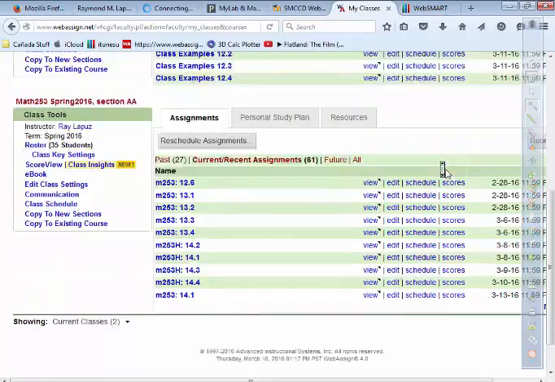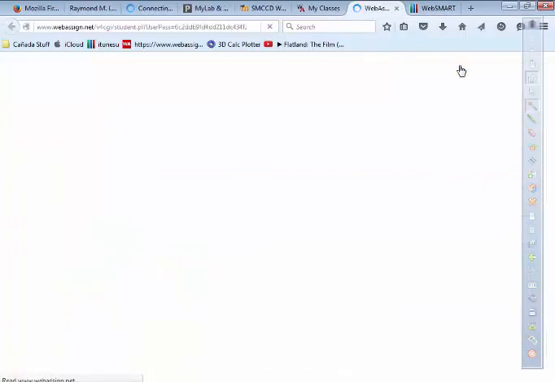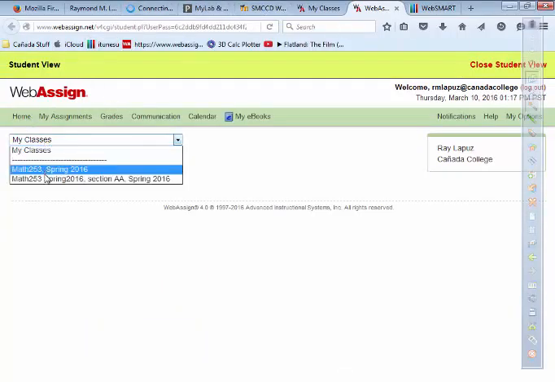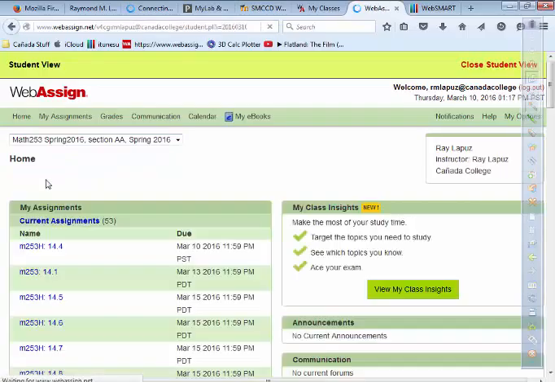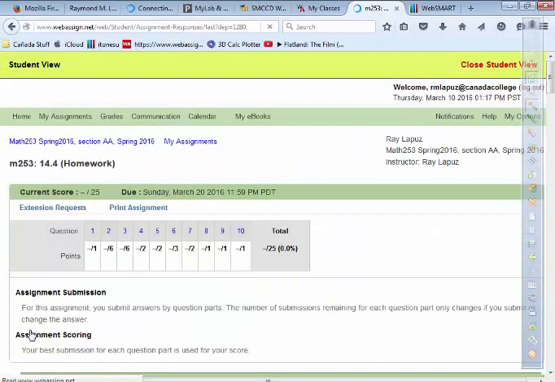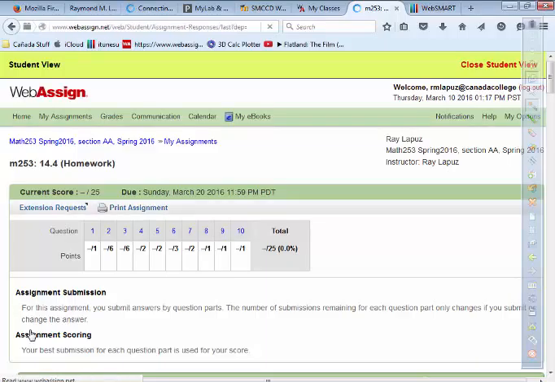What section are we in? 14.4. So apparently the lab of 14.4, which was due yesterday, was set to be due at 12:45 in the afternoon, which is not what I meant to do.